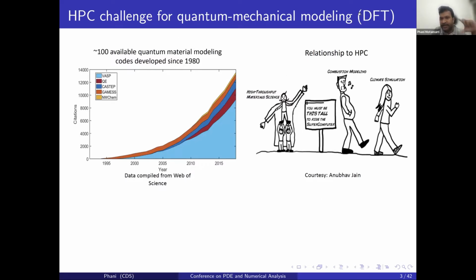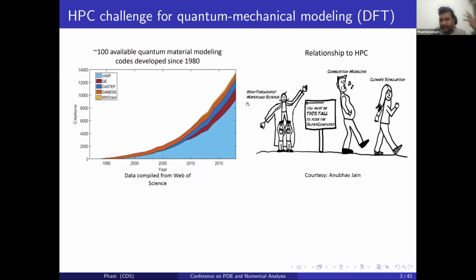But to summarize the state-of-the-art codes which are widely used today for quantum modeling of materials, it can be summarized in this particular cartoon here. If you look at other areas like combustion modeling, climate simulations, and so on, they can leverage high performance computing architectures to do large scale calculations.